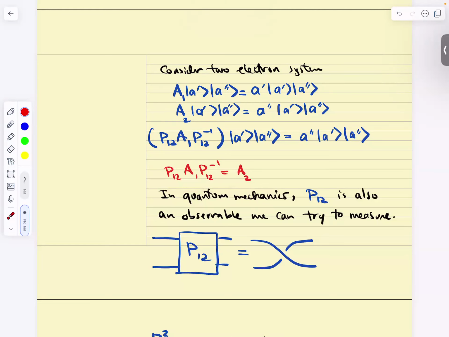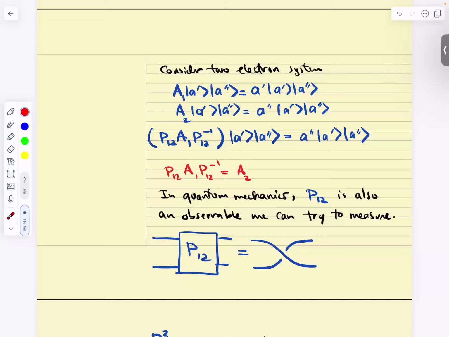So that's very intuitive. If I have two particles, let me draw a picture for that equation. I have an operation A1 that I only do to the first one, right? Let's call it A. This is 1 and 2.